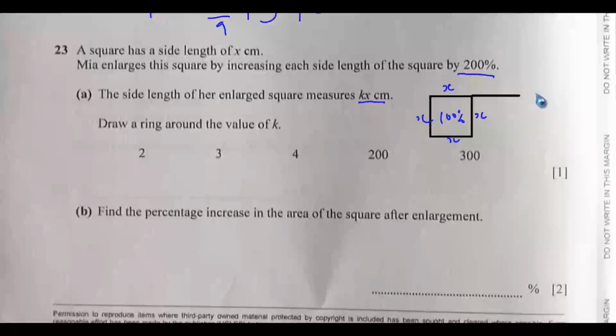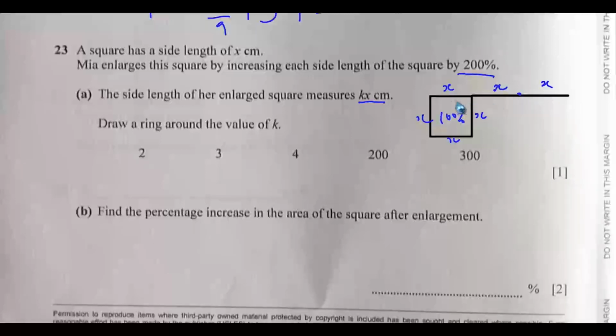By another 100%, that is going to be 200%. So let's draw another one. This is what we're going to have now. From here to here will be another 100%, and that will be x. From here to here will be another 100%, that will be another x.